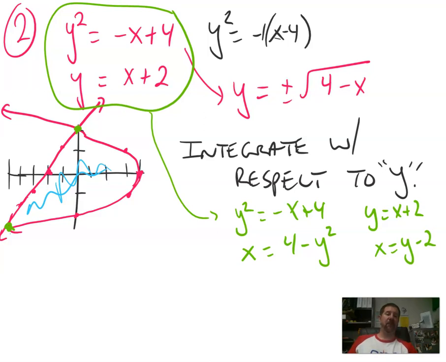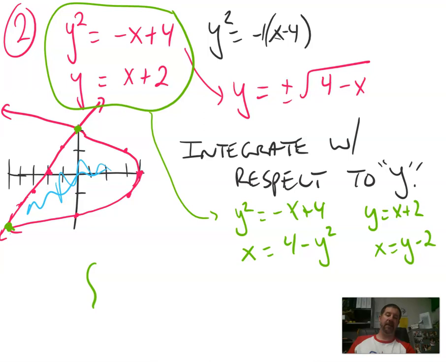So this is that same function, but now written in terms of y, with respect to y instead of with respect to x. Same thing here: I subtract 2 from both sides and get x equals y minus 2. And now there's that same line, just written in terms of y. Now when I go to integrate, I've got to use y values, so I'm going to have to find those real fast.